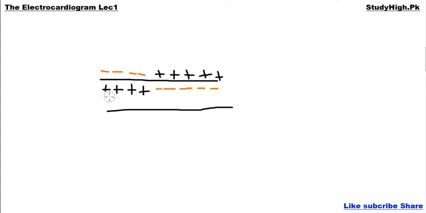Here is a cell of cardiac muscle or skeletal muscle. This action potential is generated in this cell because of movement of ions from its neighbor cells. Then the whole process I have explained in detail: opening of sodium channels, and then opening of L-type calcium channels in cardiac muscle, etc. If you connect this portion with the negative terminal of the voltage meter and this portion with the positive terminal, so positive is connected with positive and negative with negative, this voltage meter will show a positive deflection.